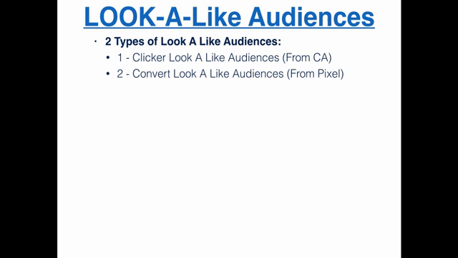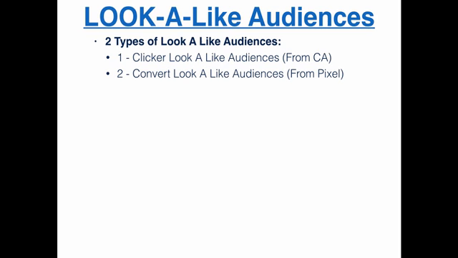So clearly that is very powerful. Your buyer data is always going to bring you way better, higher quality targeted leads than clicker data. But both options are still phenomenal and work really great.